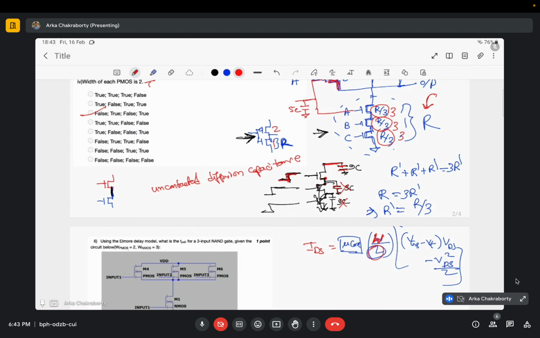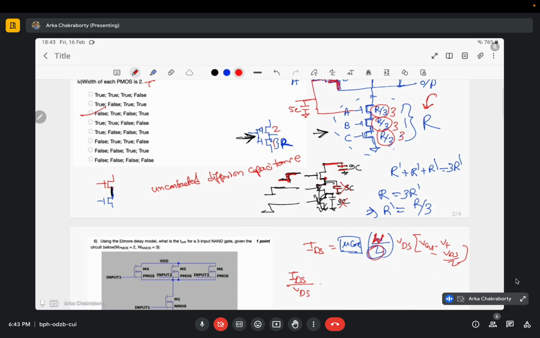As you can see, IDS by VDS. Let me take the equation in the normal condition: VGS minus VT minus VDS by 2.